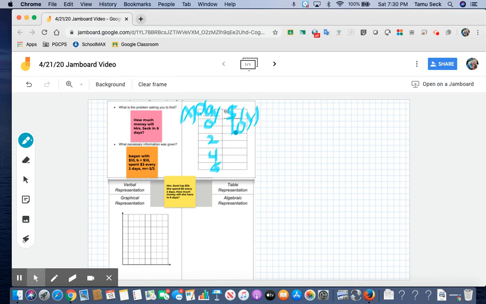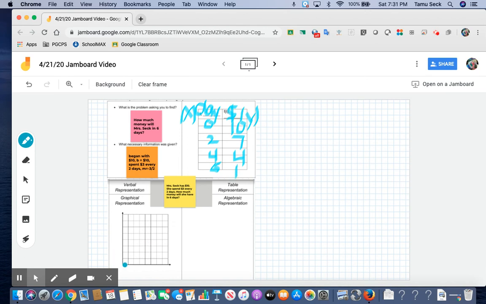So on day 2, my money has decreased by $3. So now I have $7. And then on day 4, my money's decreased by $3 again. So I'm going to have $4. And then on day 6, my money will decrease by $3 again. So I'm going to have $1.